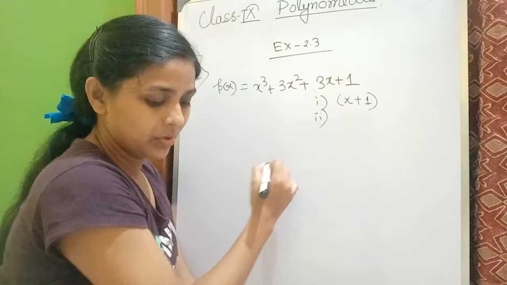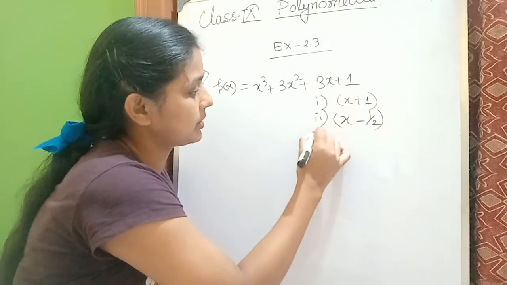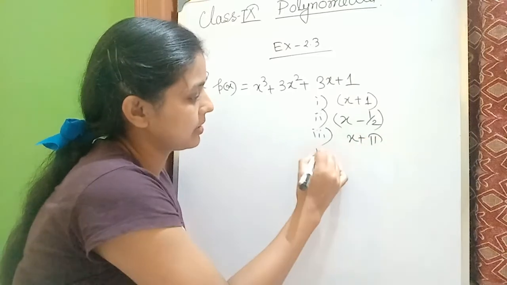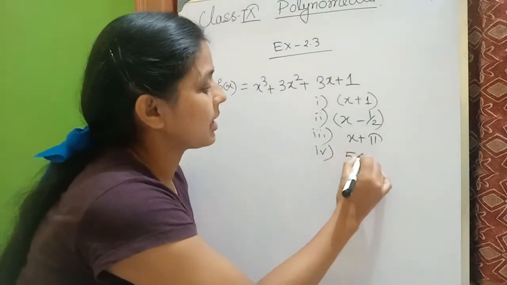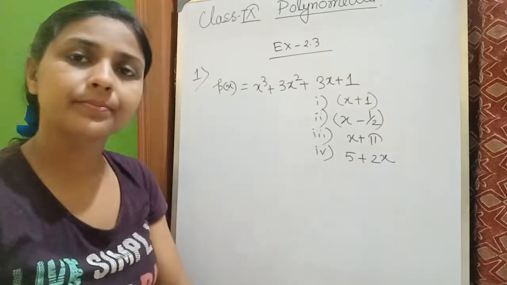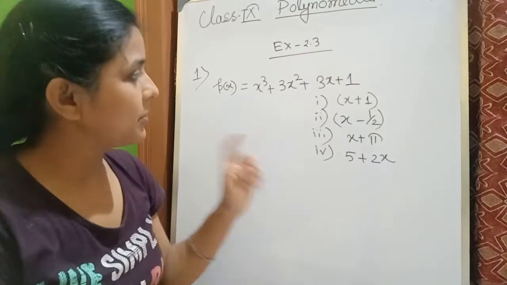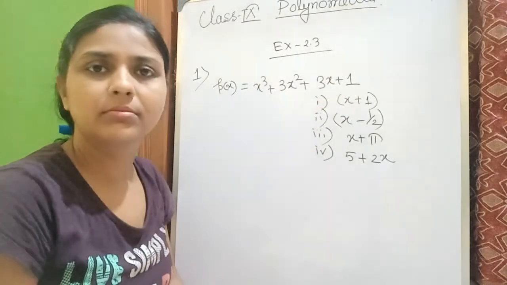Number 2, x minus half. Number 3, x plus pi. And number 4, 5 plus 2x. So I am doing it for the first one and the last one.